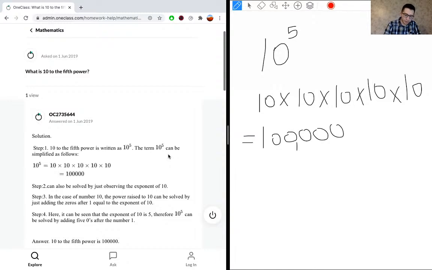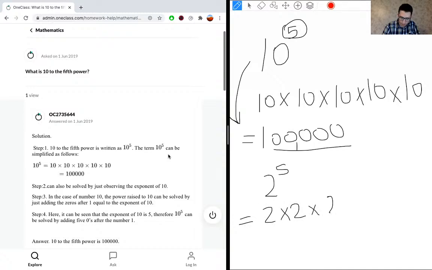Another way to go from this step to this step right away, if it's 10 to the power of something, then you can just write 5 zeros knowing that this value is 5. If it was 2 to the power of 5, then it would be 2 times 2 times 2 times 2 times 2. So there's 2 times itself 5 times. This might be harder to calculate because it's not just putting zeros after the 1.